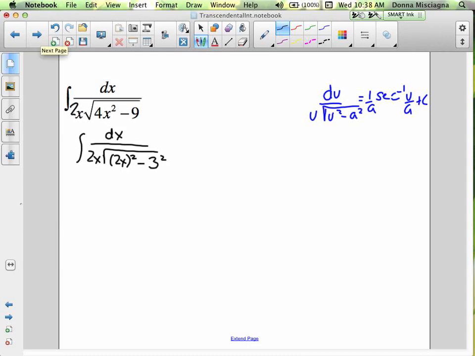So this one has the variable. One way you can recognize the difference between arcsine, arccos and arcsecant, arccosecant is that arcsecant and arccosecant have the u first, where u has a variable in it, and then minus a constant. And then they have something outside the radical as well, and it's the square root of that u squared.